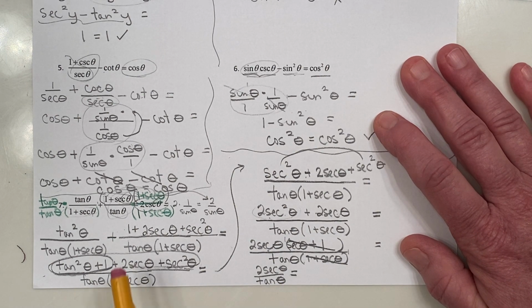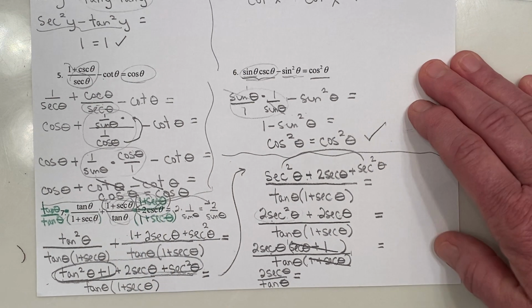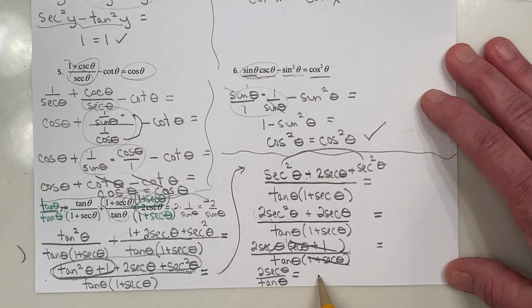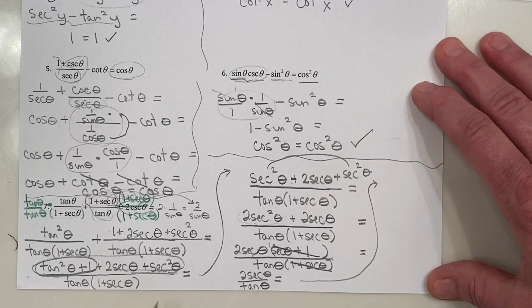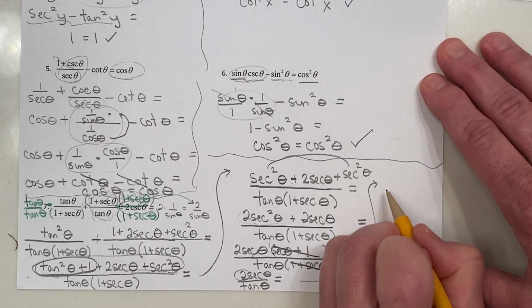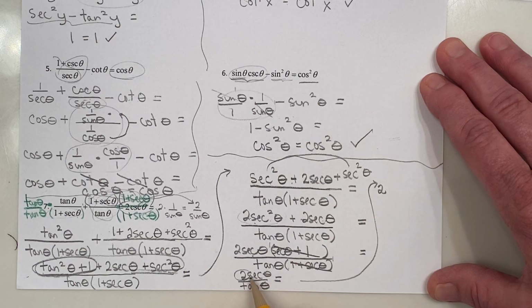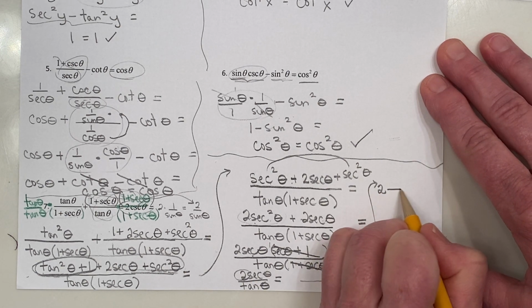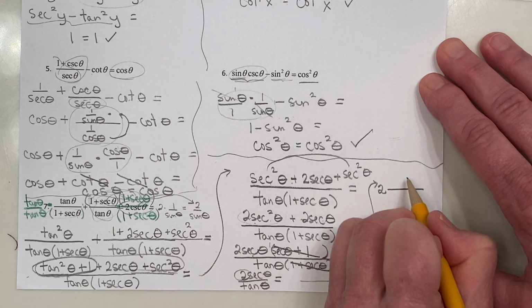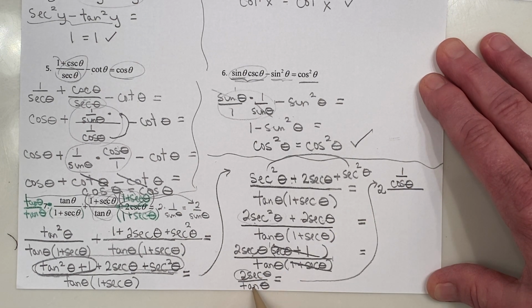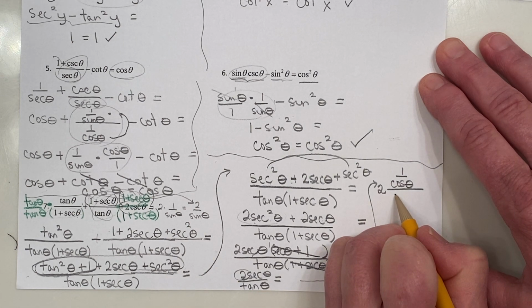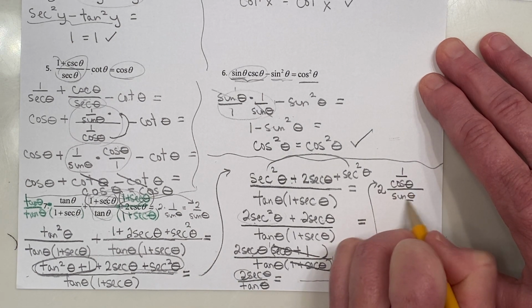Remember, what we want is 2 cosecant theta. So I am going to have to come over here. I think I'm going to take this 2 and just put it out front of secant theta over tangent theta. Secant theta, I'm going to change to 1 over cosine theta. And tangent theta, the denominator here, is going to change to sine theta over cosine theta.